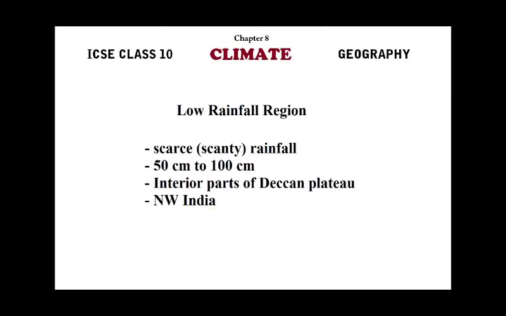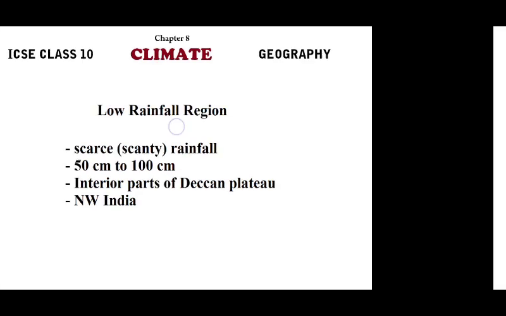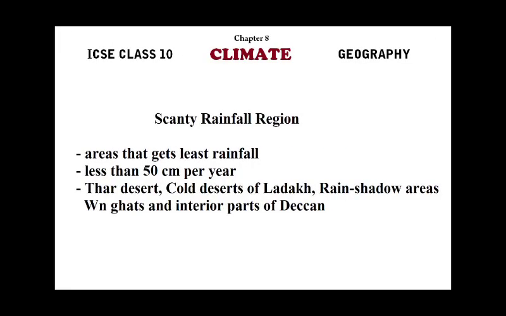Now the third region is the low rainfall region. These are the areas where rainfall is scanty or scarce or comparatively less, from 50 centimeters to 100 centimeters. This includes some interior parts of the Deccan Plateau region as well as northwestern states like Rajasthan, Haryana, parts of Punjab, Delhi, etc. Now, the last region is the scanty rainfall region.